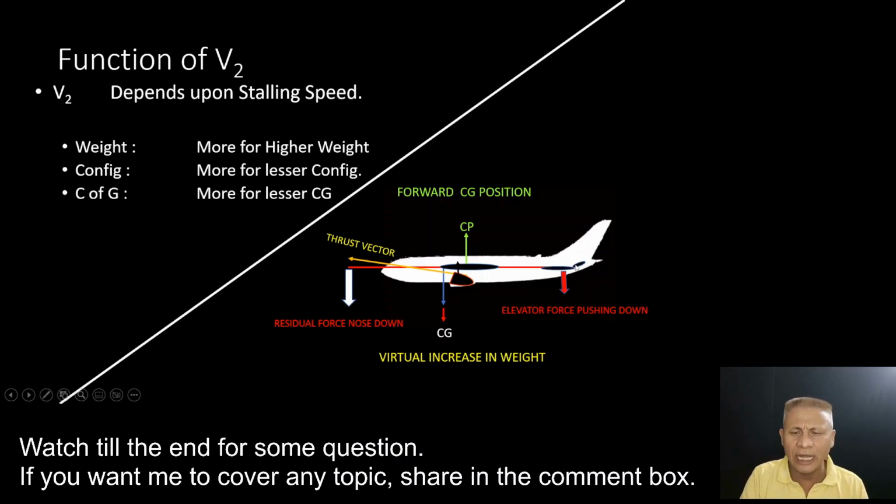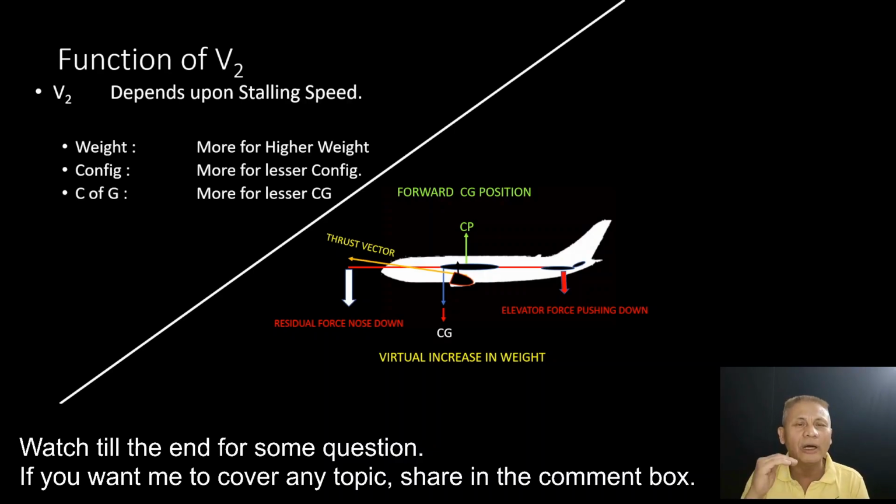While trimming back the aircraft, look at the tail portion of the aircraft. This is a tail plane and this is the elevator. Whenever I pull the stick, the elevator goes up, which pushes the tail plane down. So there is an added couple here in the tail of the aircraft which pushes my tail down because of my elevator movement. So we can say that the aircraft has a virtual weight in addition to the actual weight of the aircraft.